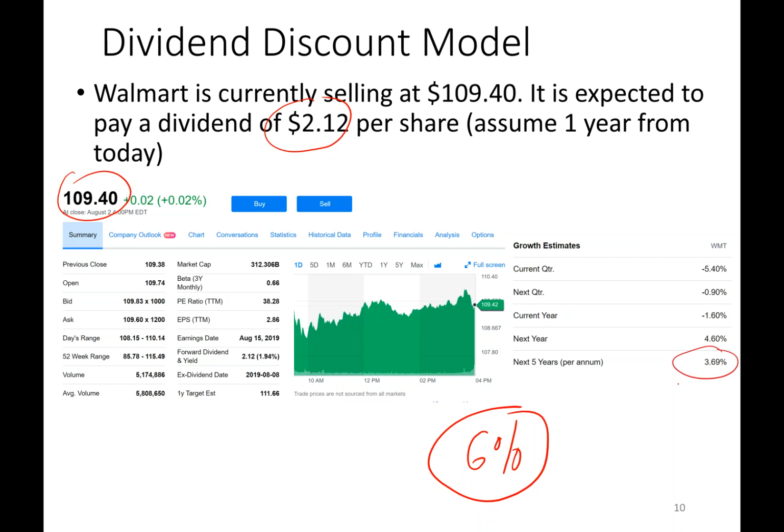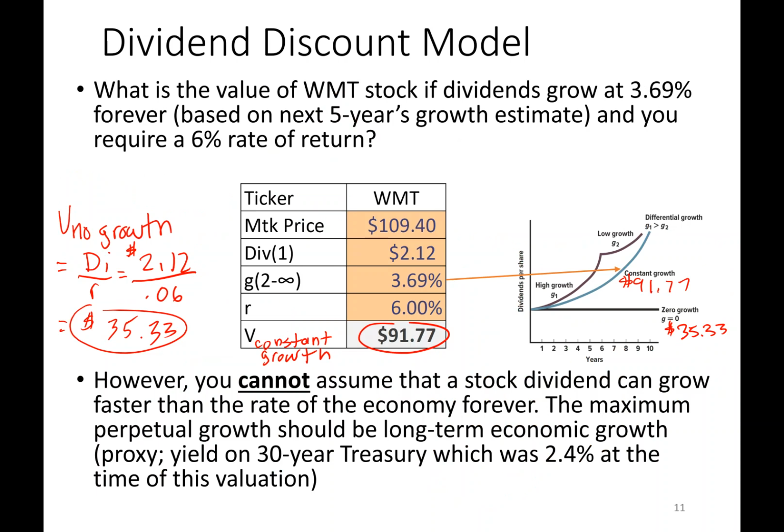And I also have some analysis here that says the long-term growth rate of earnings based on analyst estimates is 3.69%. I'm going to value the stock using a 0 growth and a constant growth model, and then we'll have this other model that's a hybrid. So let's first value the stock assuming 0 growth.